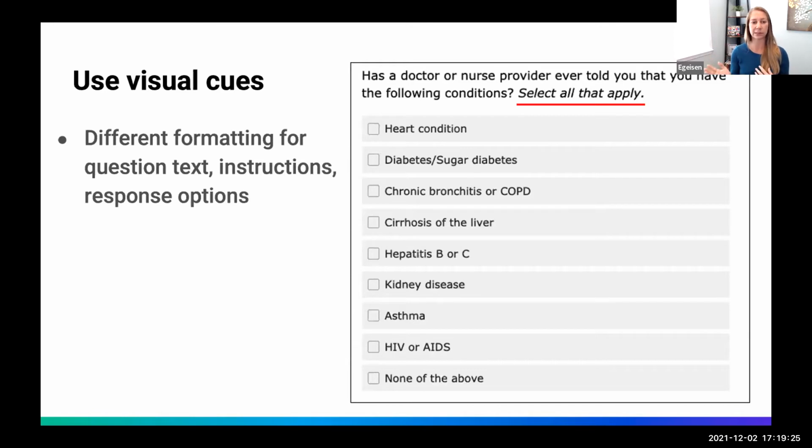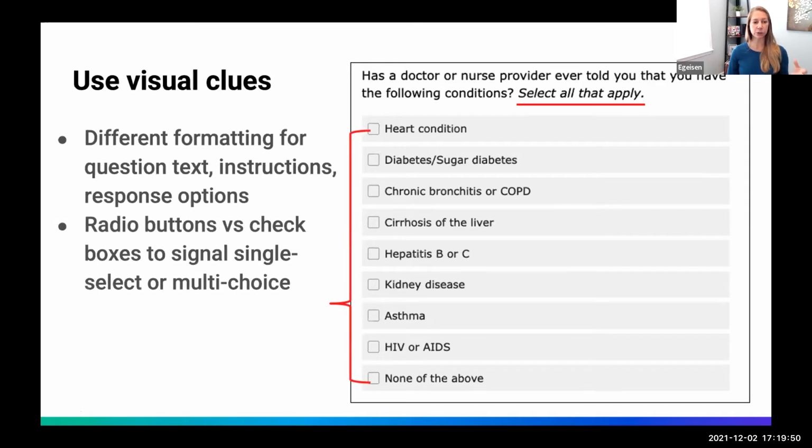And if anything's going to be skipped over, it's select all that apply. That's useful for instructions like this that are likely repeated on lots of questions. You wouldn't want to do this on definitions or something that people really need to read in order to understand and answer the question.